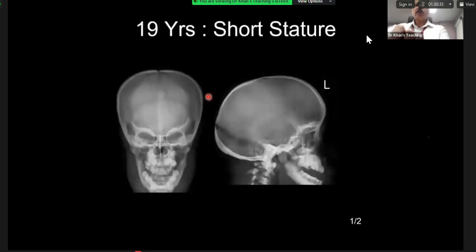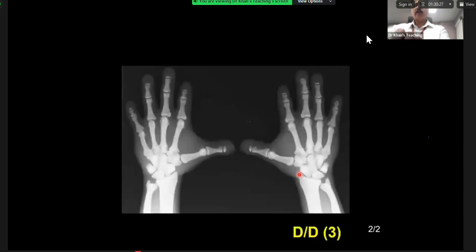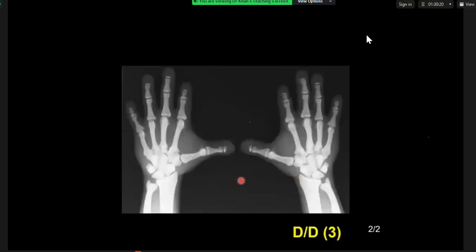Key discriminator between the two is mandible. Mandible will be small and obtuse in cleidocranial dysplasia. And another finding is bone sclerosis. So in pycnodysostosis, bone density will be increased.